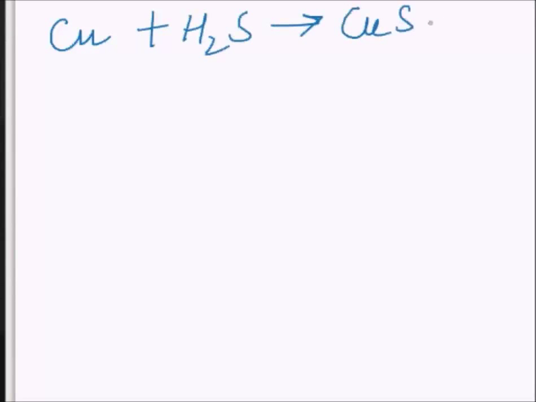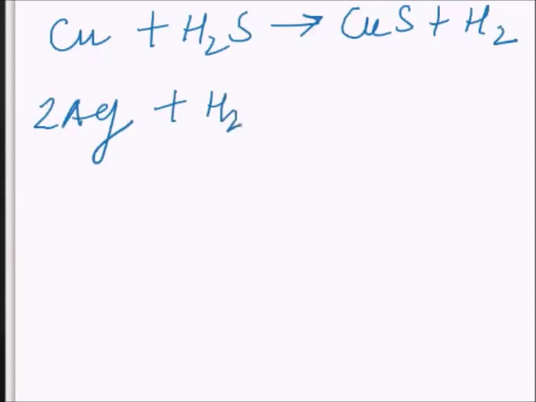When copper reacts with hydrogen sulphide, copper sulphide CuS plus hydrogen will be formed. Similarly for silver, when it reacts with H2S, Ag2S along with hydrogen will be formed.